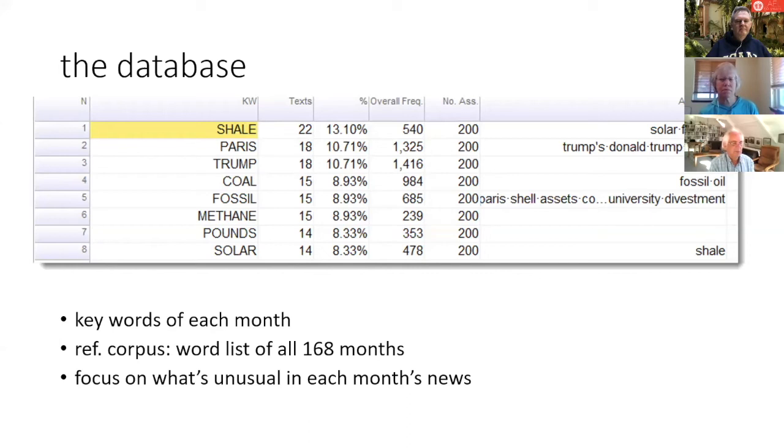There are some months when Paris comes up. You may remember that Paris was an influential place for climate change research in 2015. There was an agreement, there was an accord. Donald Trump comes up. Why does Donald Trump come up?